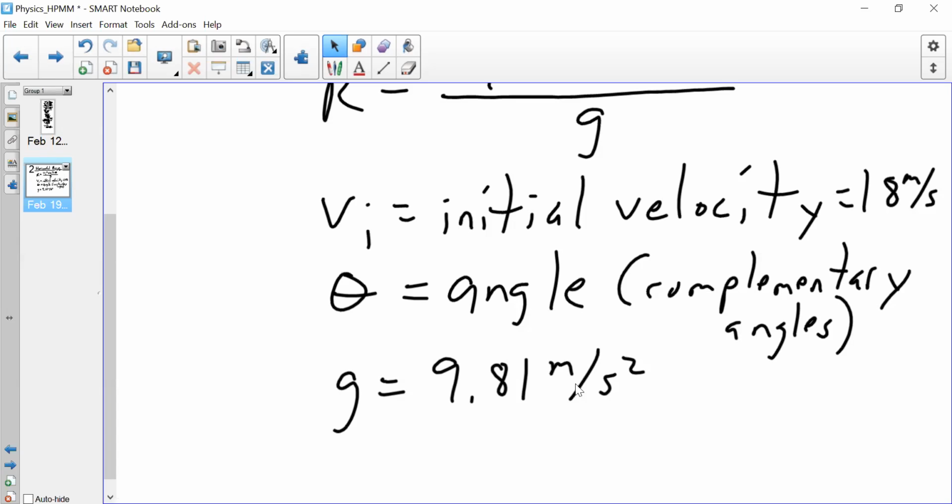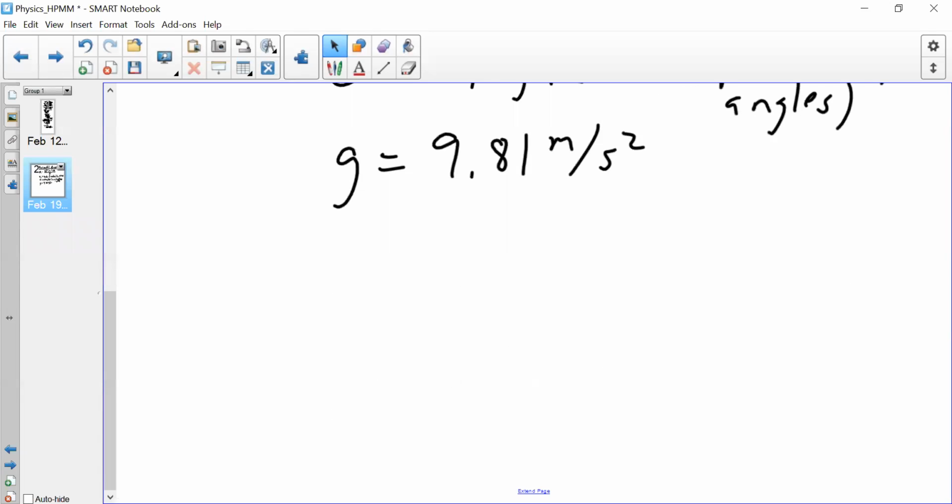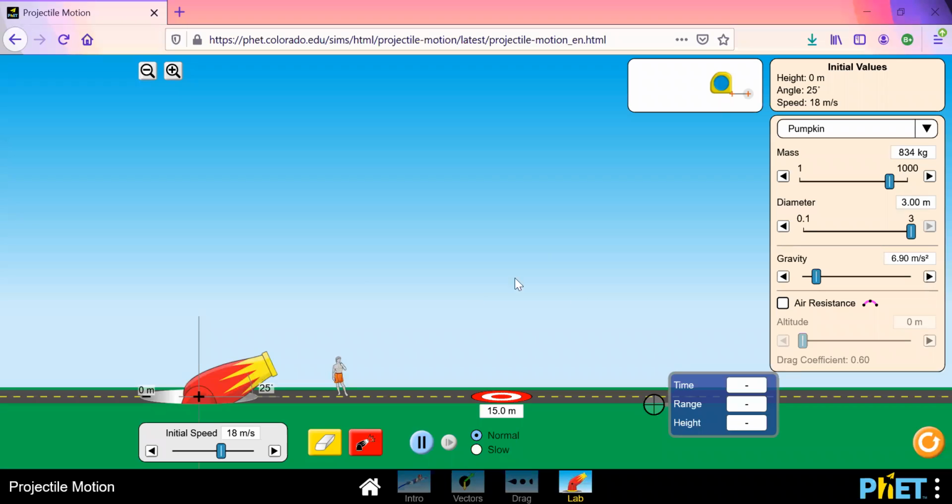Okay, so we had 65 and 25, right? For example, when you do your lab, you're going to get your own complementary angles. You can do 65, 25. You can use this data I'm about to show you, 70, 20, or whatever the case is. But try to make those complementary angles such that you can see where things land.